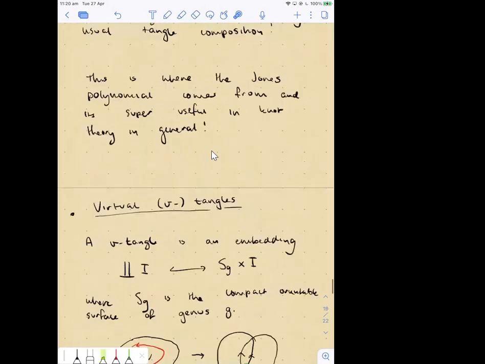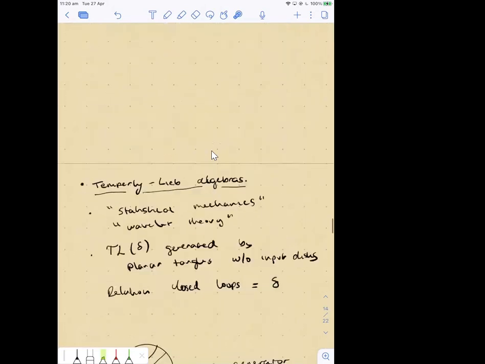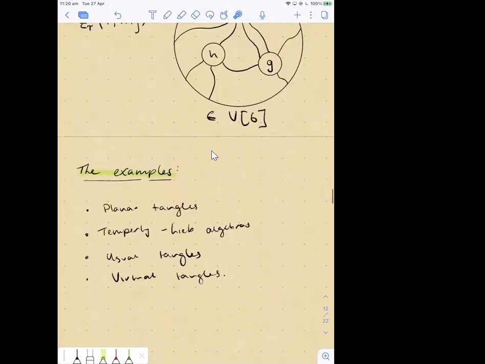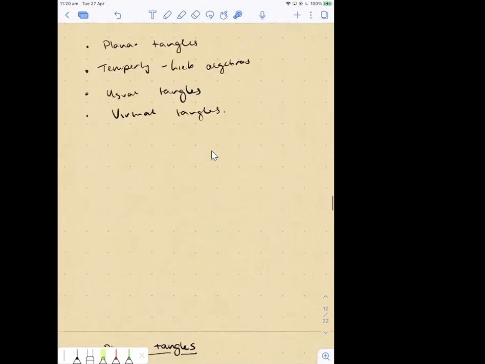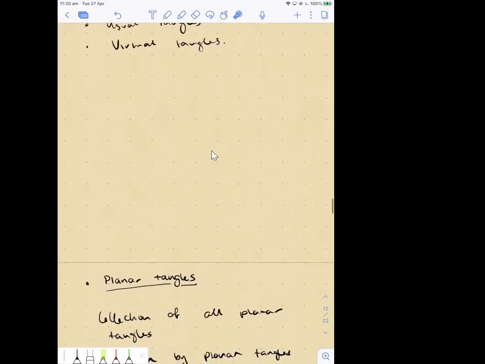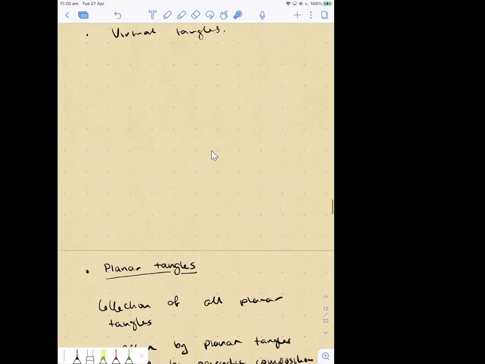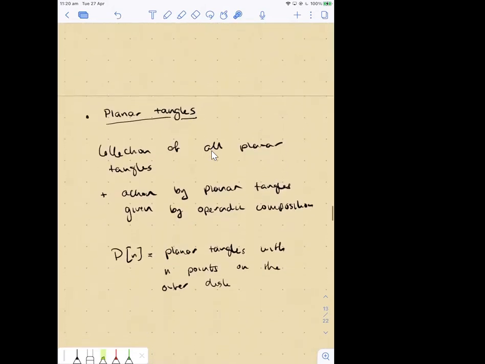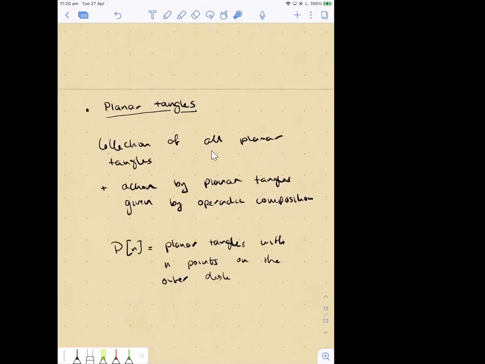So, proving that there is a universal invariant of U-tangles, or of these usual knotted objects, is super hard to do unless you have a finitely generated algebraic structure. When you have a finitely generated algebraic structure, it turns into a problem about completing by the augmentation ideal.